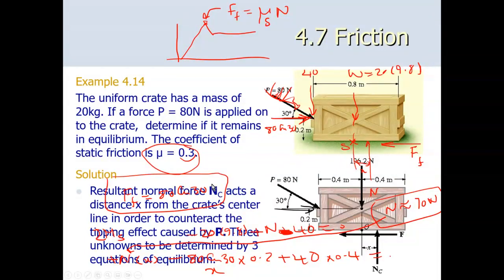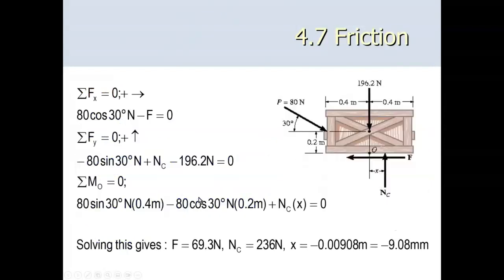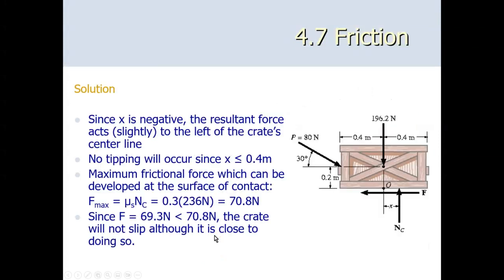The real force, we found this from where? The real force is AT, 80 cos 30. So if you compare them, that is the real force. And if I compare with the force which is needed for the onset, that is 70.8.